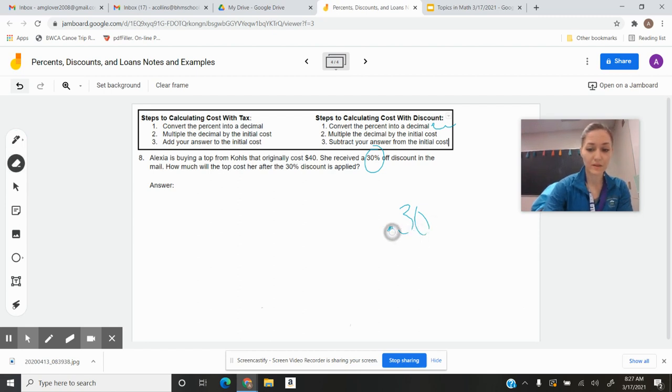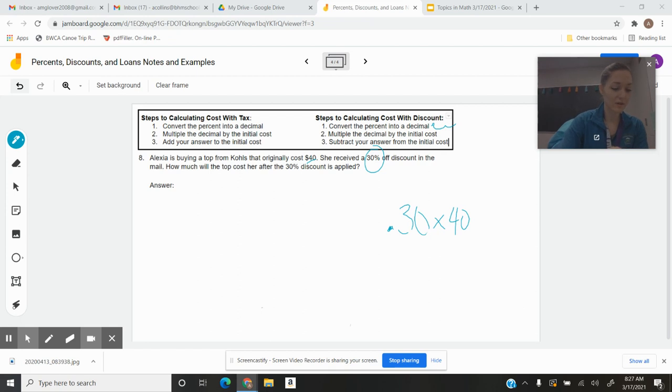I'll erase that. Okay. Next thing that we need to do is multiply the new decimal by the initial cost, which is 40. Move my face. So I'm going to type in on my calculator 0.3 times 40. That is 12. Okay.